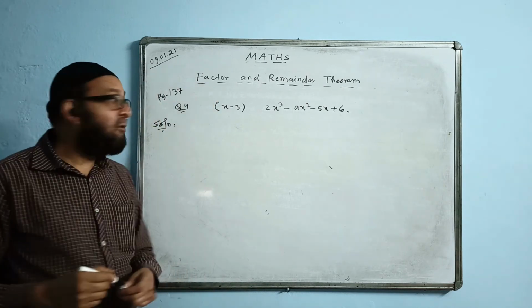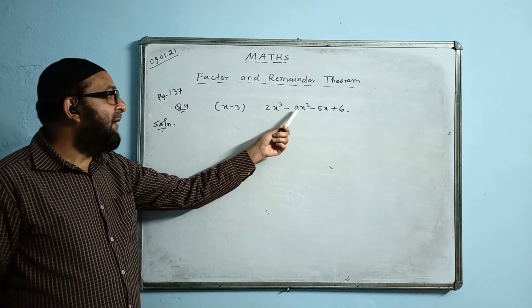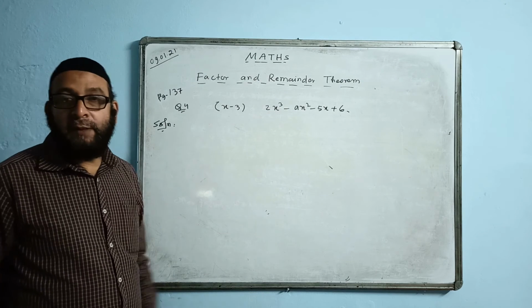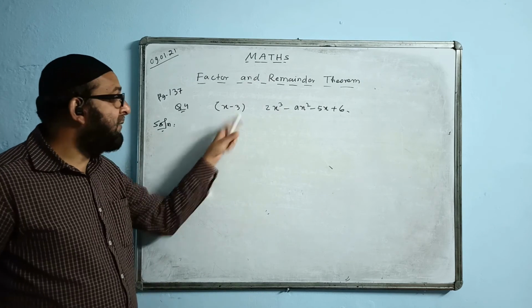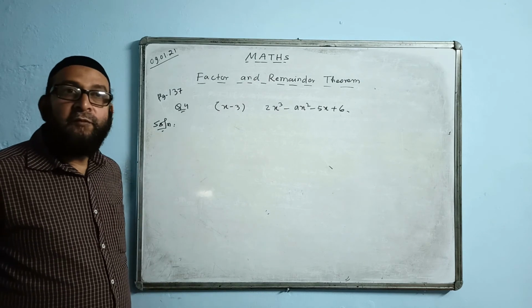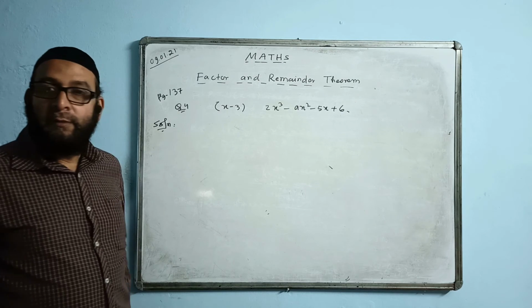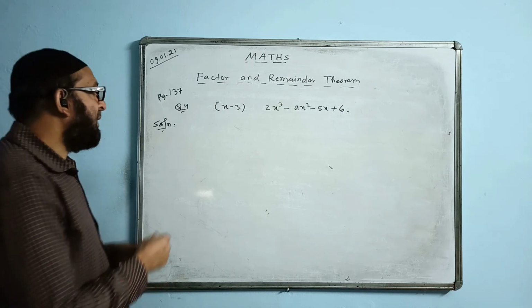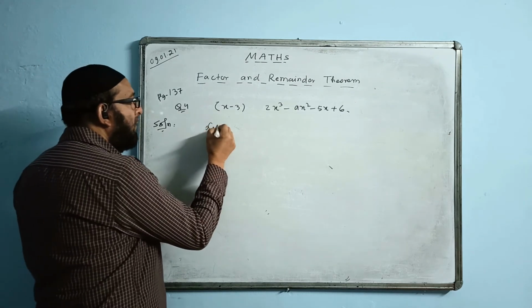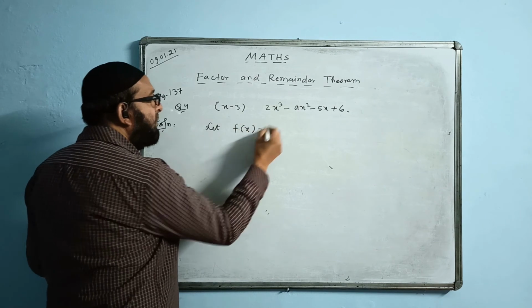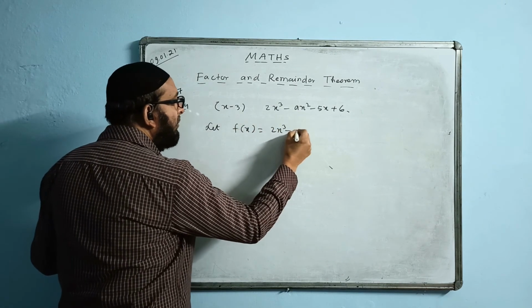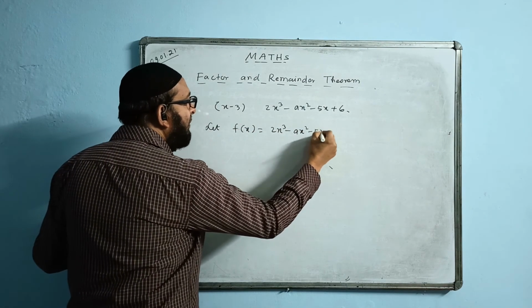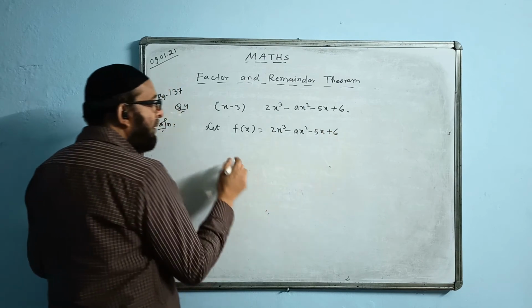First you must find the value of a, this small a, and then you have to find the remaining factors. One factor is given, x minus 3. So first we must find the value of a. So how to find? We write like this. Let f(x) be the given expression, 2x cube minus ax squared minus 5x plus 6.